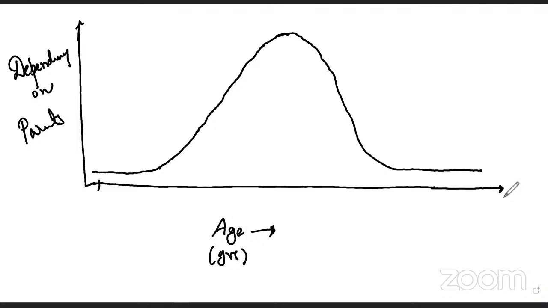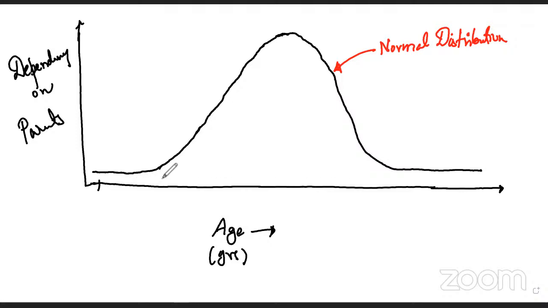So this kind of curve, we call it a normal distribution curve. Our life follows this normal distribution. The life phenomenon itself is a normal distribution. Let me repeat this example. We don't realize whether we are dependent on our parents up to a certain level.